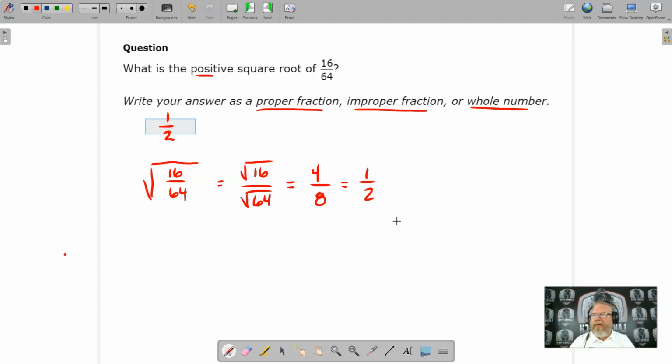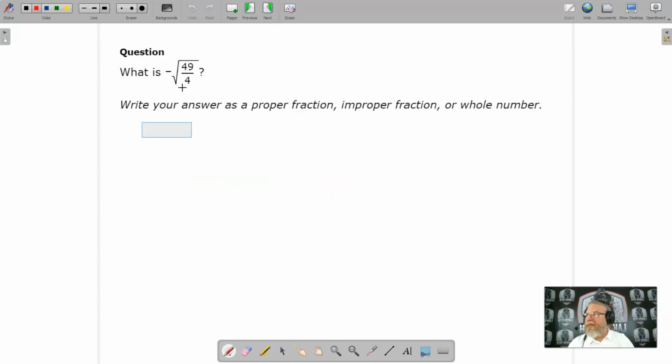So here's another rule that we see showing up that we've just kind of proven in a way, is that you can take the square root of a fraction and split that and kind of like distribute that square root symbol to both the numerator and the denominator and deal with them in their own way, as a numerator and as a denominator, which is going to be a lot easier than doing it the other way, like we did the first time. So let's look at the next problem.